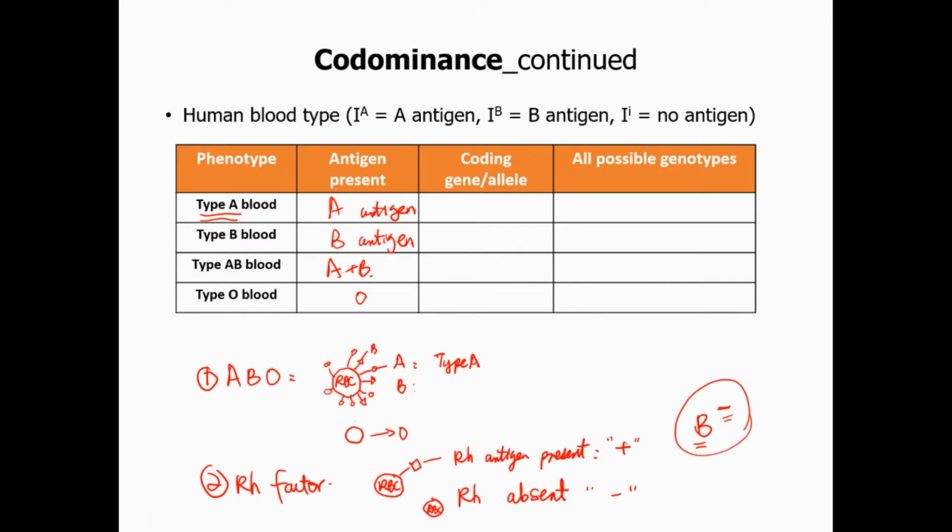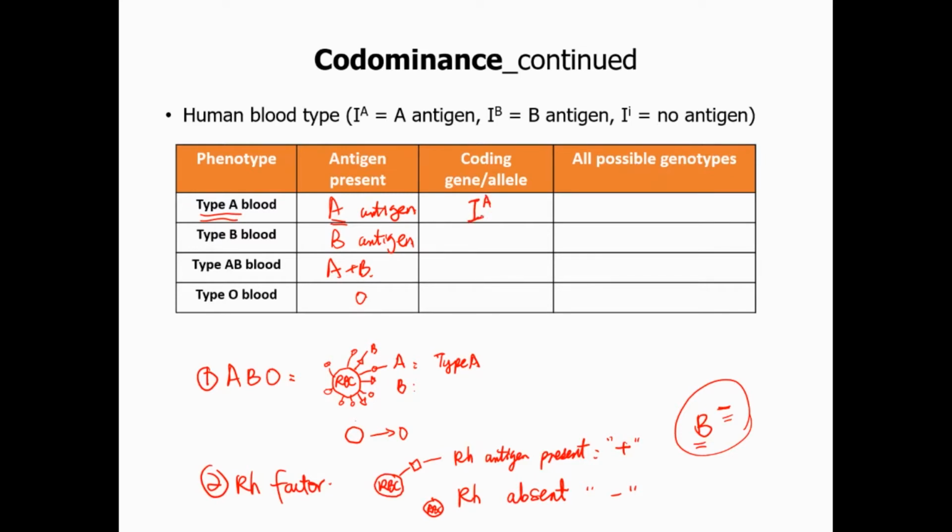All right, now let's go back to the table. So for the codominance, we are only concerned about the ABO system. All right, so we're not going to consider RH factor in this example. The antigens are coded by specific genes or alleles. Right, so for A antigen, you need allele A to code for the A antigen. So this is how we write it out.